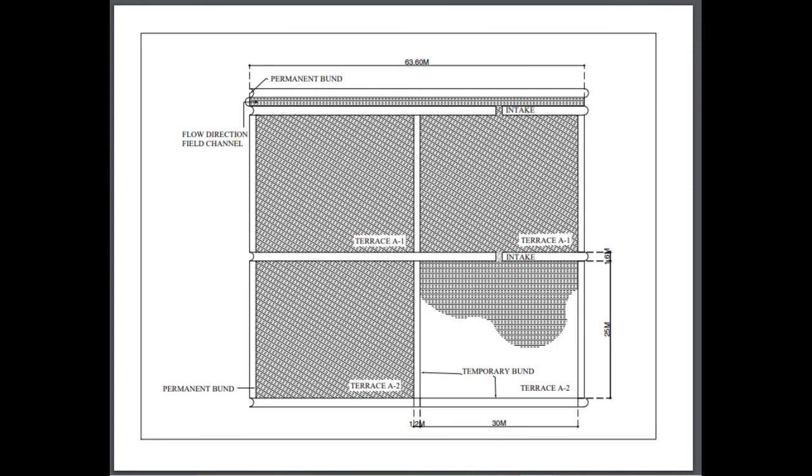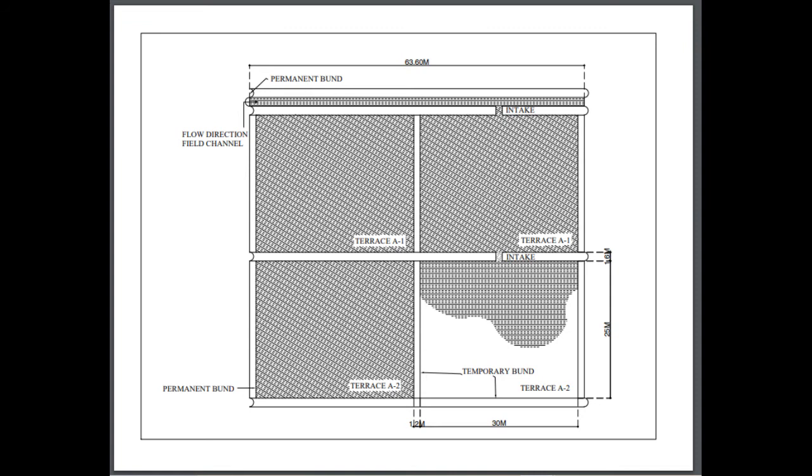Basin irrigation is one of the surface irrigation methods and one of the oldest methods of irrigation. In basin irrigation, the field is divided into a number of terraced rectangular bays which are graded level or have no significant slope.